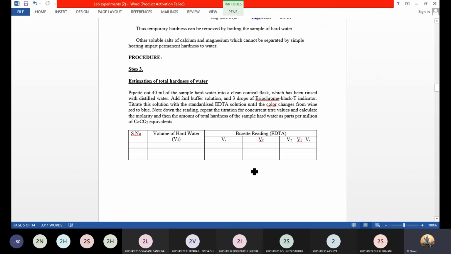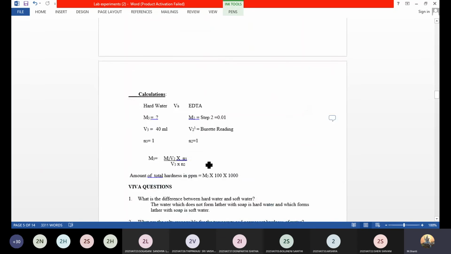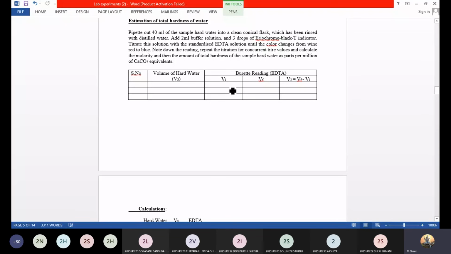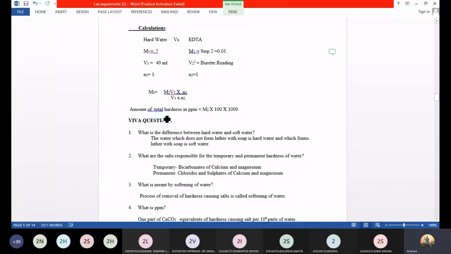And you have a tabular column. Can you see this tabular column? This tabular column has to be drawn on the left-hand side, followed by the calculations. Till M3, you are going to write on the left-hand side; starting from here till the amount of total hardness in ppm has to be written on the left-hand side.